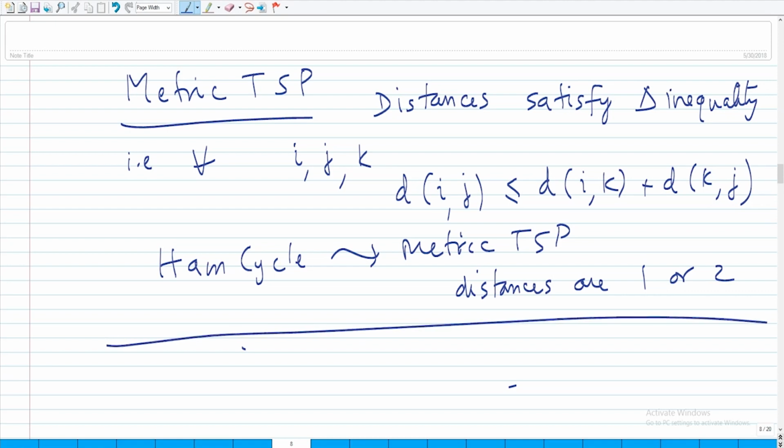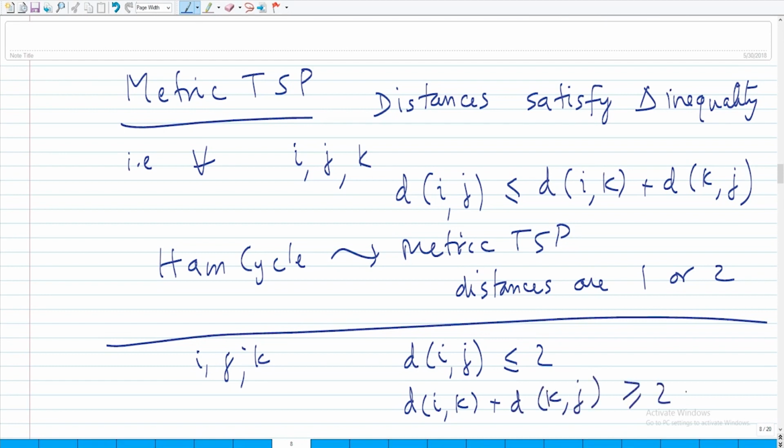In this reduction, if you pick i, j, k 3 points, d(i,j) is at most 2, because the distances are 1 and 2, whereas d(i,k) plus d(k,j) is at least 2, because each one is either 1 or 2, and so d(i,k) plus d(k,j) must be greater than or equal to d(i,j). This implies what I want to show.